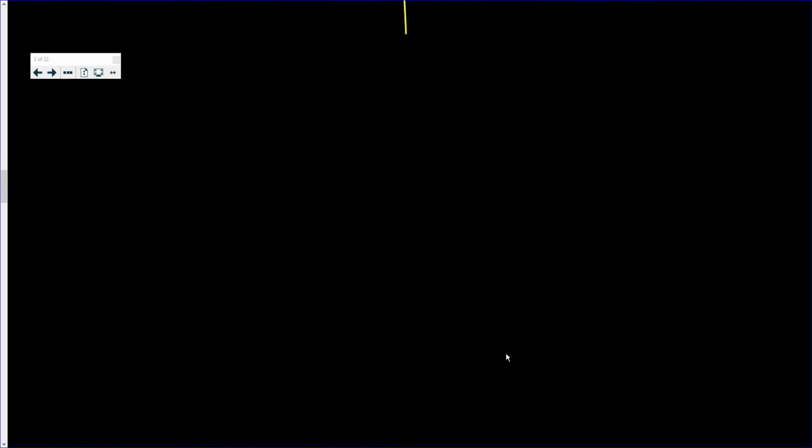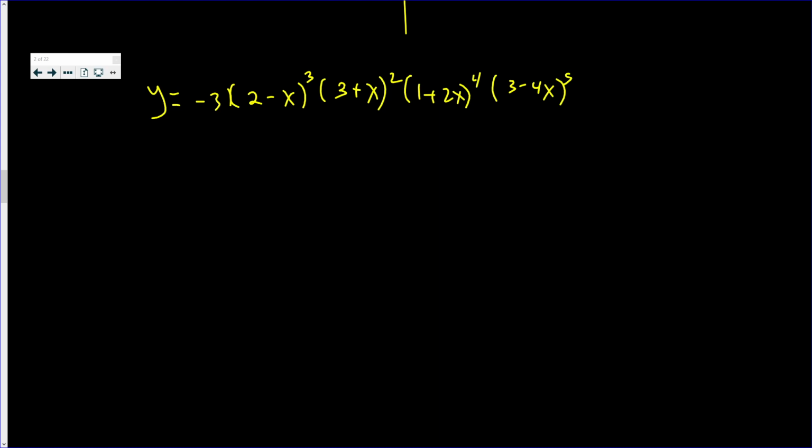Okay. Let's try another one. Suppose you have y is -3 times (2 minus x) cubed times (3 plus x) squared times (1 plus 2x) to the 4th times (3 minus 4x) to the 5th.